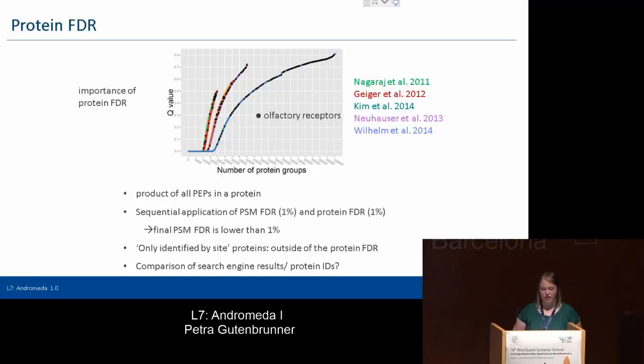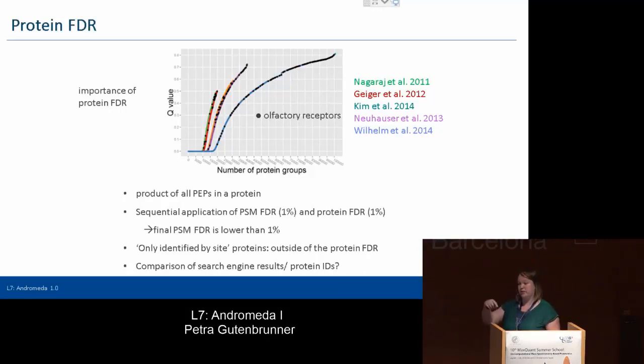The protein FDR is calculated based on the PEPs of the PSMs that identify these proteins. When you apply the PSM FDR, you have a number of resulting PSMs left that make it through the FDR control.